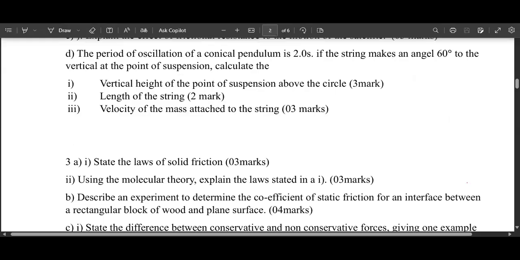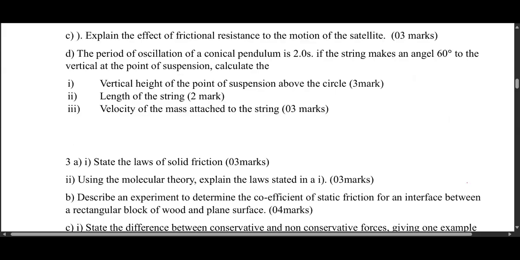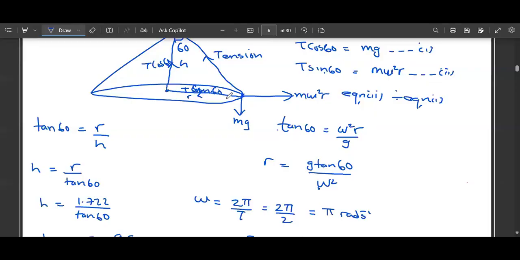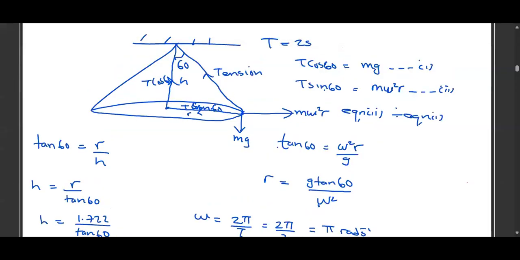Then the second part, they want us to come up with the length of the string. The length of the string we can find just by simply using the trigonometric ratios. They want us to find the length of the string here.